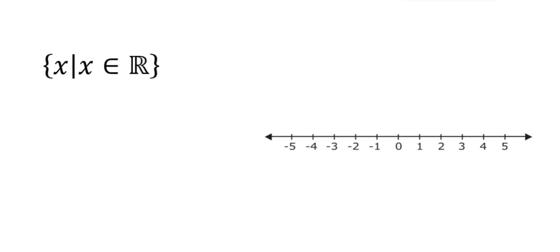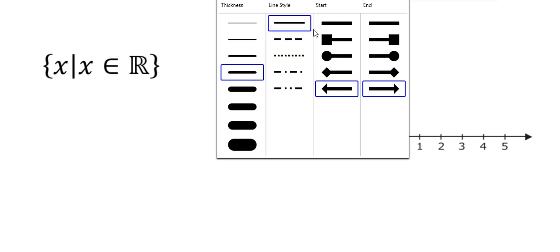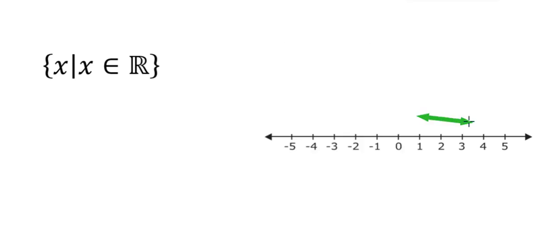Now, set builder notation doesn't always have to have restrictions. Here we've just defined it as the set of x, such that x is an element of the real numbers. And if we were to sketch this out on a number line, this would just look like this.